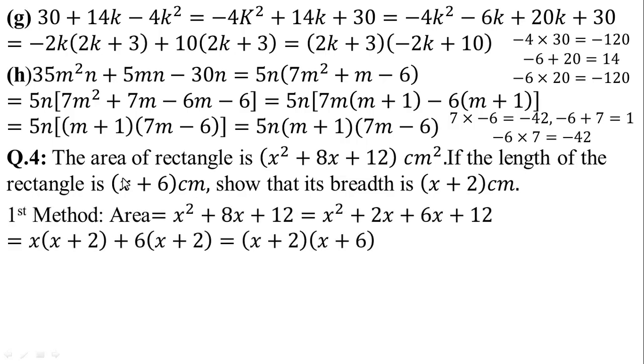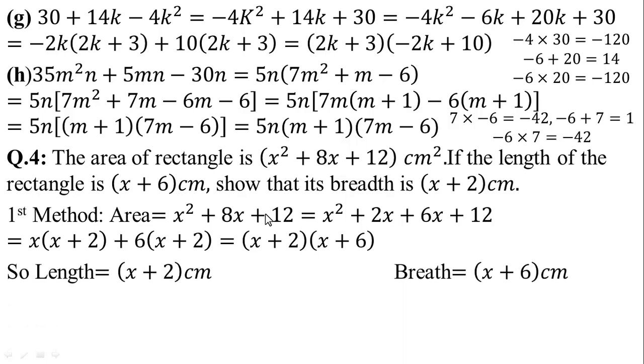First method, area of rectangle is equal to x² plus 8x plus 12. Now we can do mid-term breaking of x² plus 8x plus 12. 1 times 12 is 12. Now mid-term breaking of 8 into 2 parts.